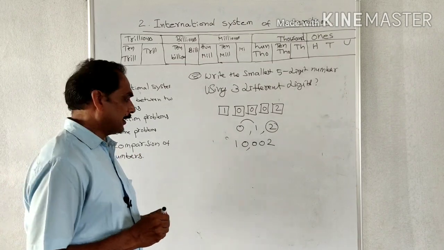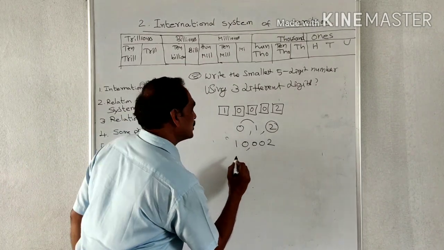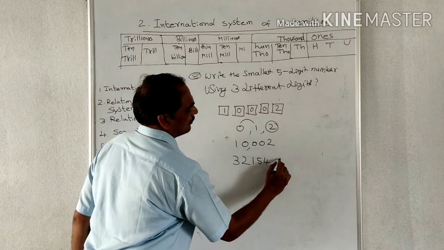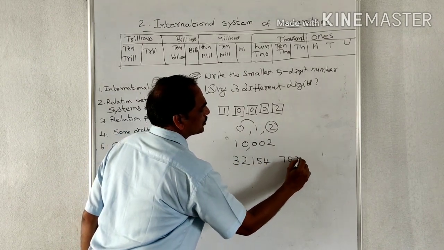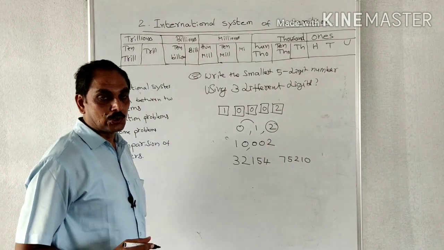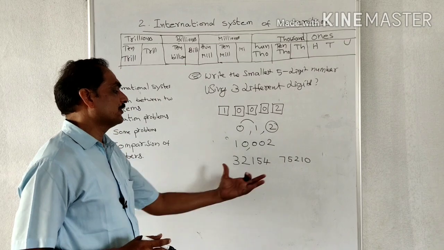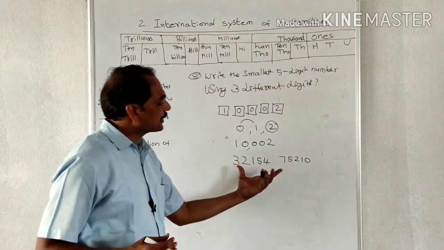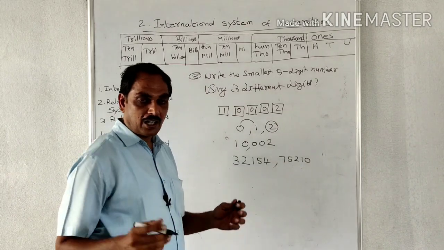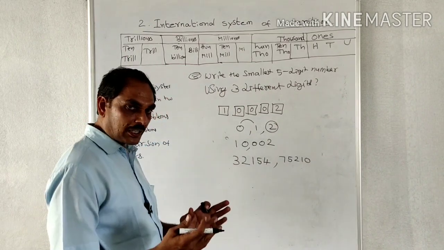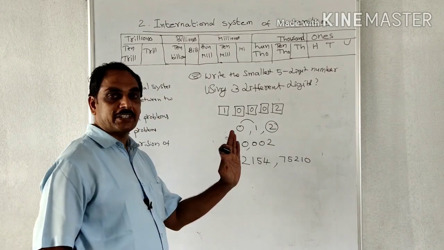Suppose we take two numbers, 32154 and 75210. Of these two numbers, first we check whether the number of digits is equal. If equal, then we compare the digits from the leftmost places.